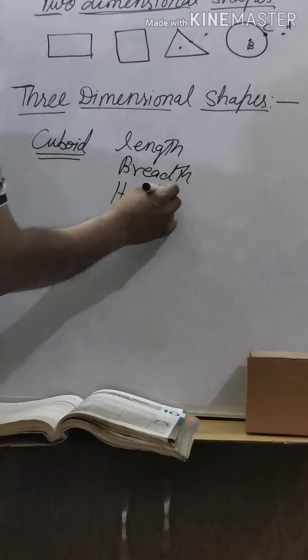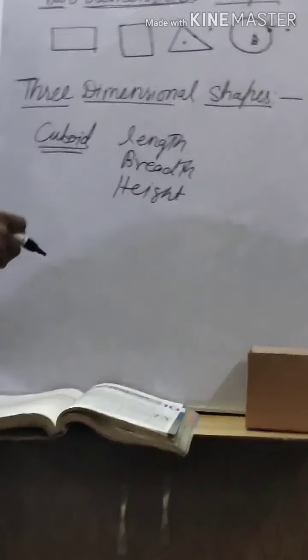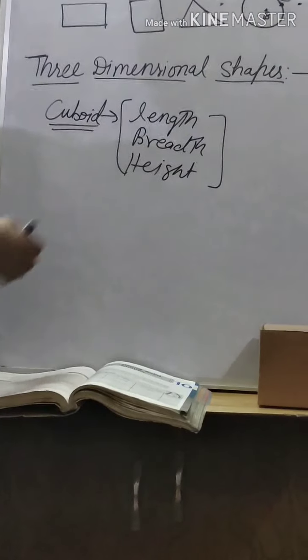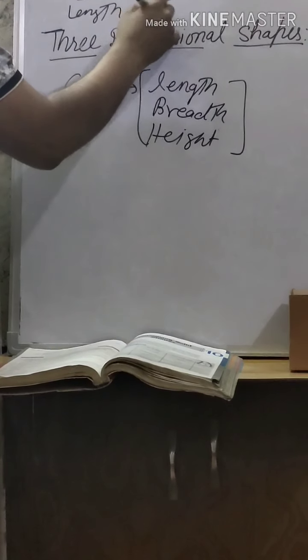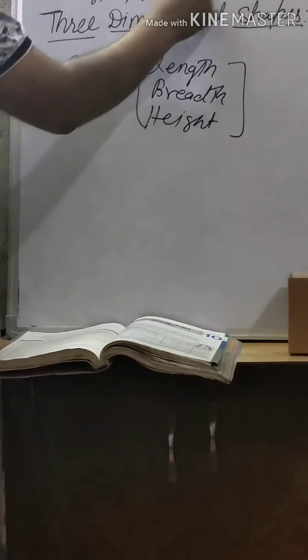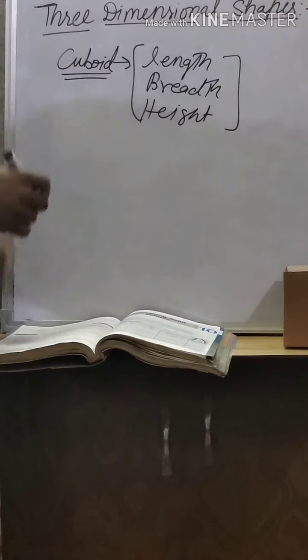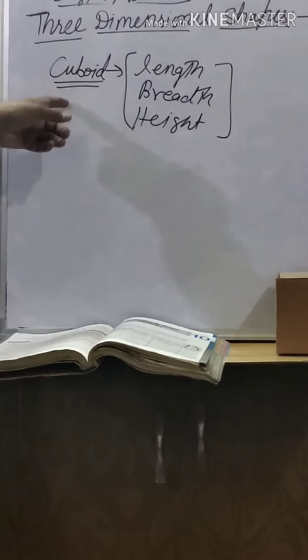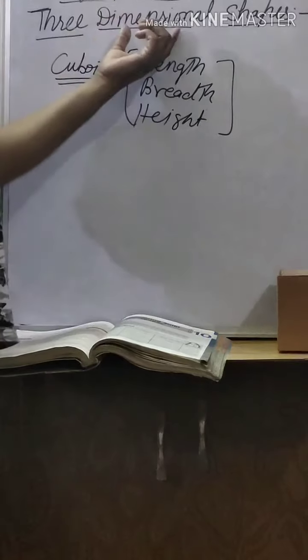Height you can also call thickness. Clear this? In this way. And in plane figures you can show only length and breadth. Understand?